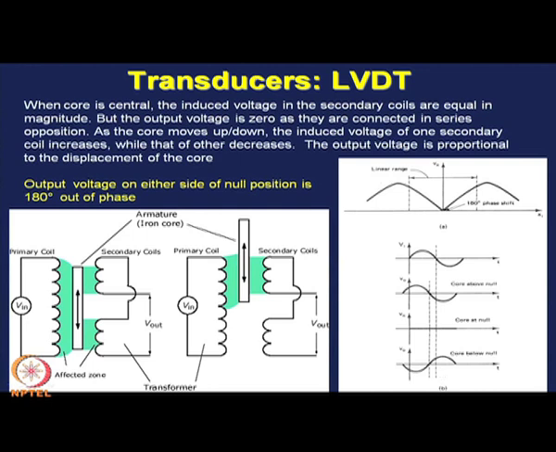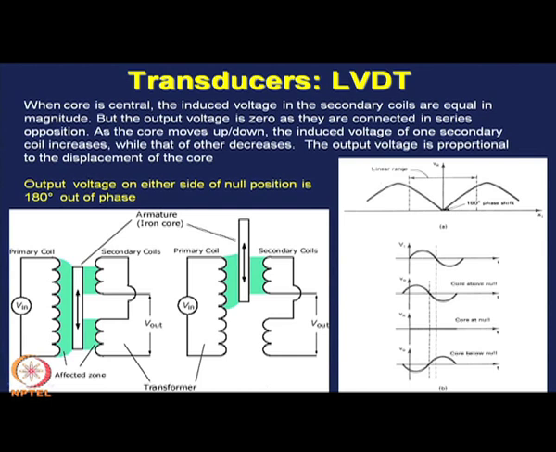Output voltage on either side of null position is 180 degree out of phase, as you can see when you plot the output voltage versus the displacement of the core. So, if I start from here, I push the core down, it takes centrally located position, I push it further, it goes below null.